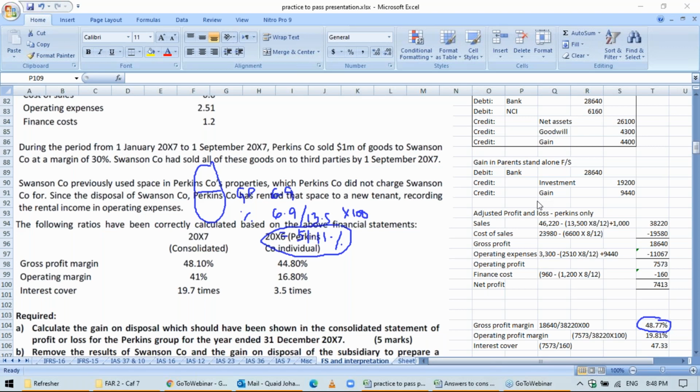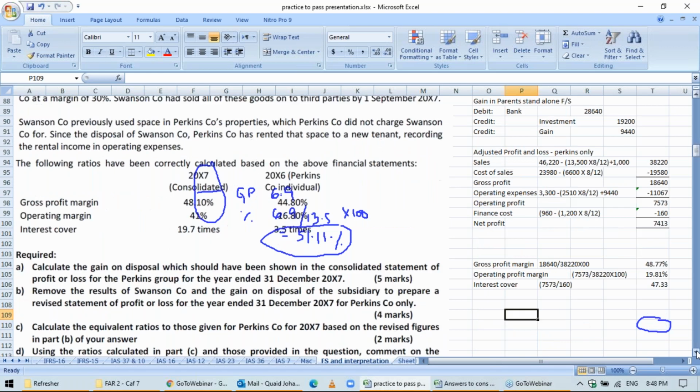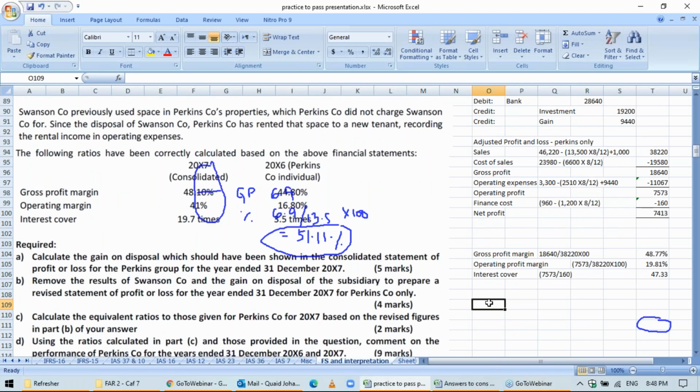Now further, there is a lot of analysis to be done on this, and I will be coming with the details. But first, let me tell you about the individual ratios of Swanson company. So always calculate the subsidiary company's separate ratios first before you comment on whether the decision to sell the subsidiary was correct or not, right? So let me do it first. I'm calculating the ratios of the subsidiary company as well. So subsidiary sales were 13,500.